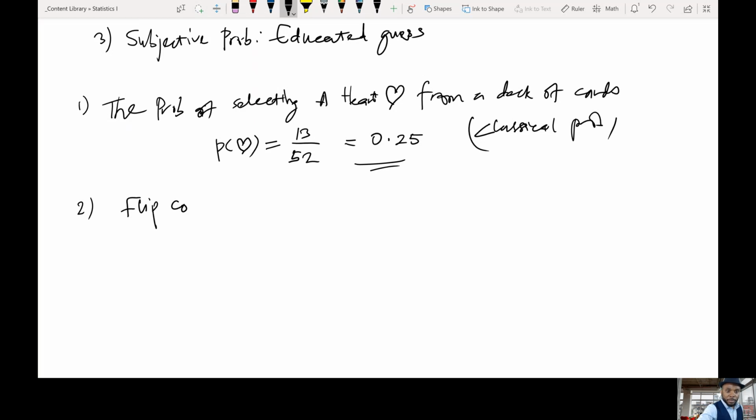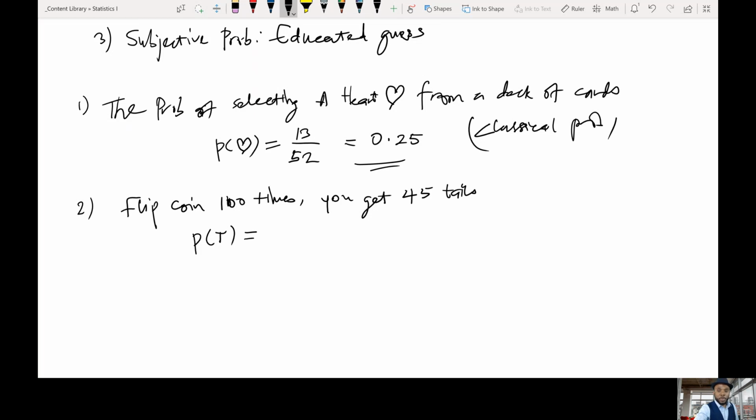All right. Now, I earlier gave an example and said, let's say I flip a coin 100 times, and you get 45 tails. Now, my question for you is, what's the probability of a tail?